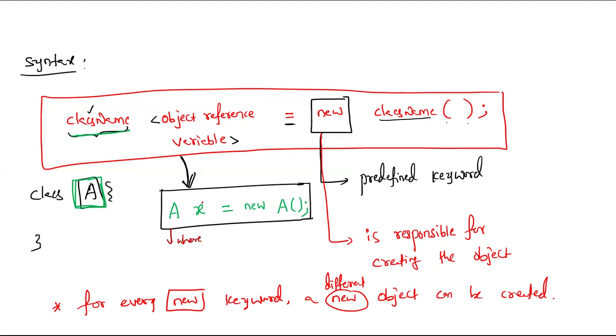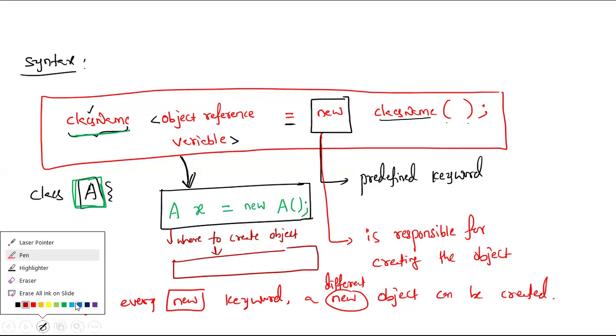Therefore, the virtual entity is going to become a physical entity. So where to create the object? As of now we know only one main method, but the generalized answer is that objects can be created inside a method.